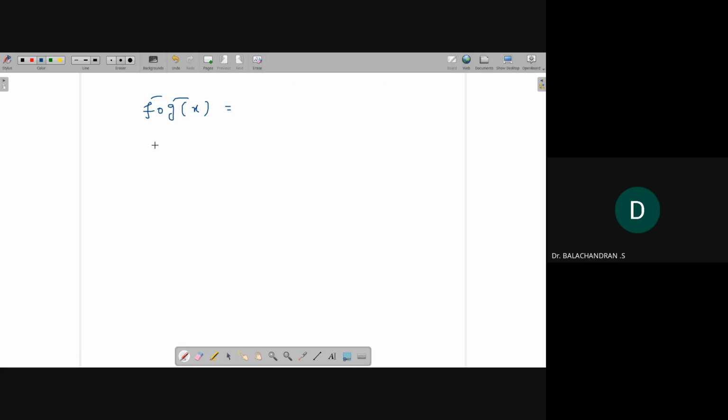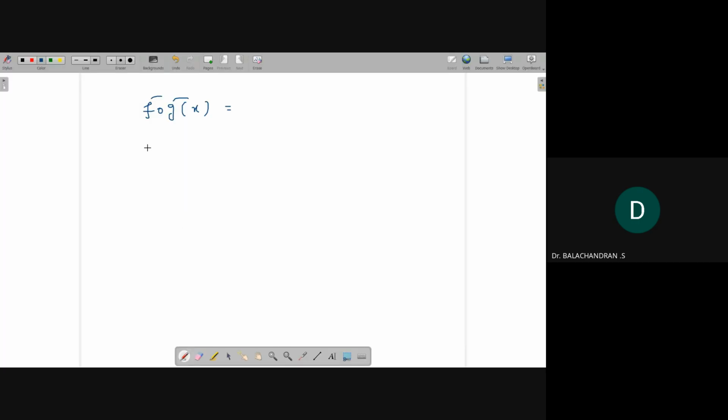Suppose the composition is written M R composition S. He is first applying MS, and then applying MR.